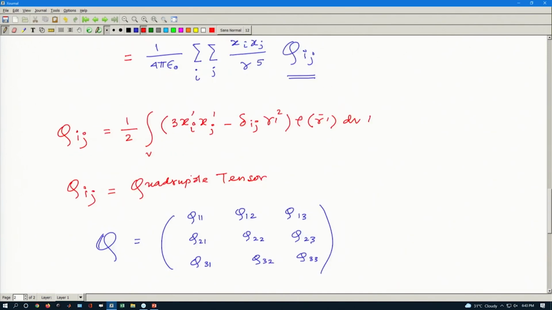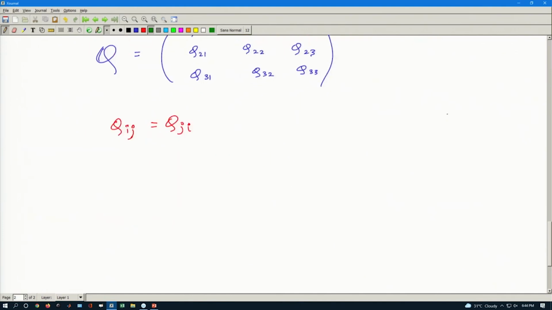That means if you just replace i with j and j with i here, there will be no change actually. This will be the same as before. So Q_ij and Q_ji should be the same. Not only that, this is one important thing. So this is a symmetric tensor.